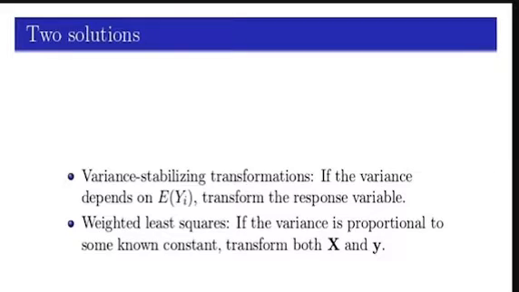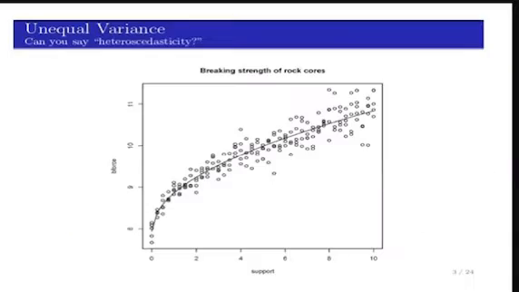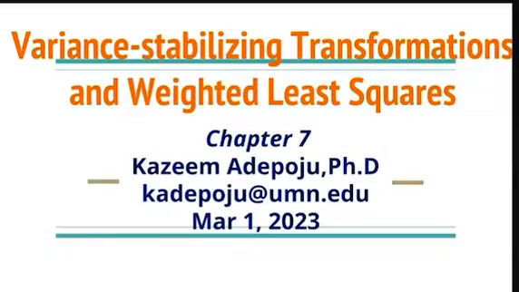Number one, we use a variance stabilizing transformation. If you take a look at the title, there are two things in it, and they are the two possible solutions to fix the problem. Number one, we can do a variance stabilizing transformation, or number two, we use a brand new model, which we call weighted least squares. Does that make sense?